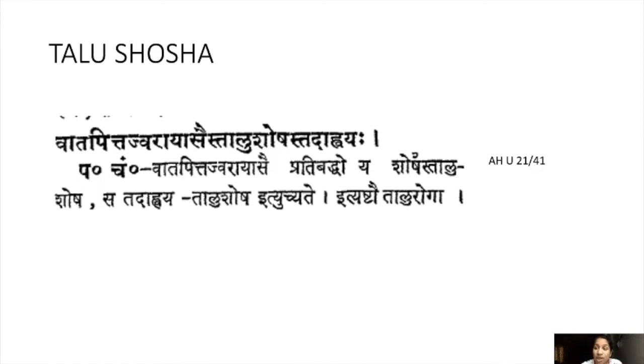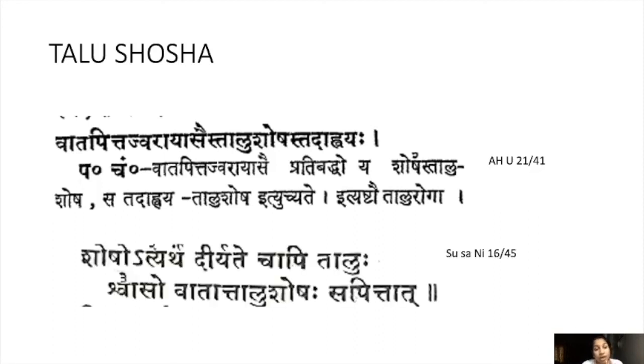So Talu Shosha can be formed because of the vitiation of Vada and Pitta, or because of Jwara, or because of Ayasa.